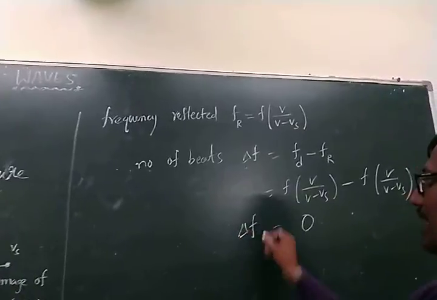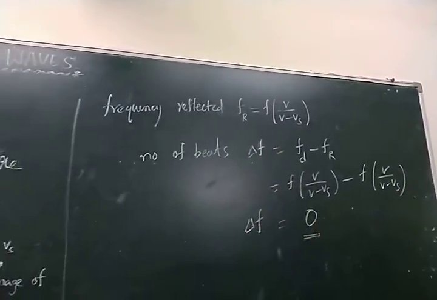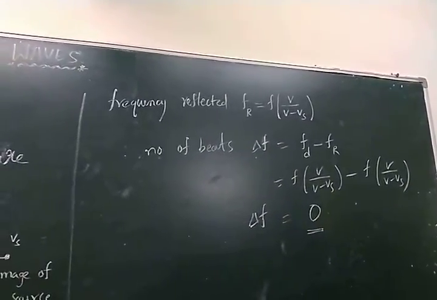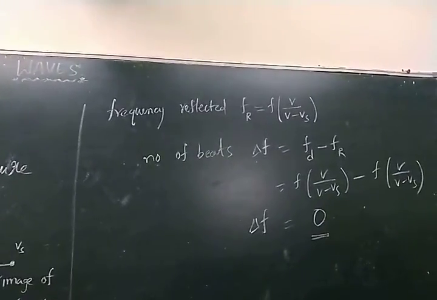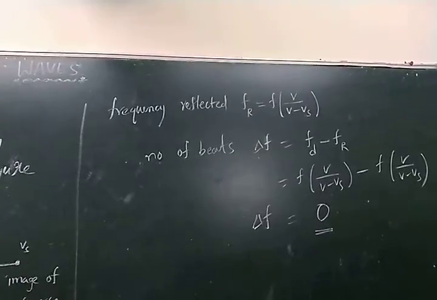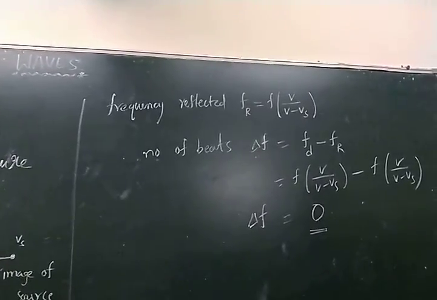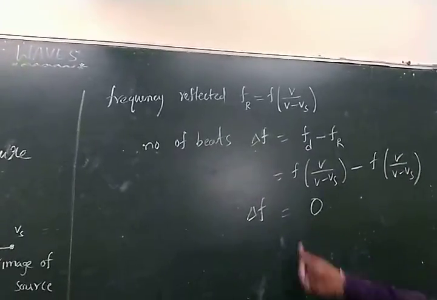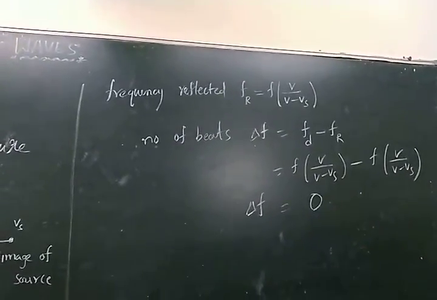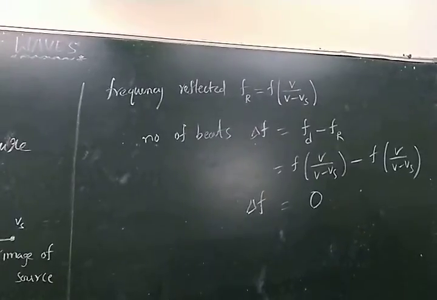That means the number of beats is 0 when the observer stands between the wall and the source. The source and its image both come toward the observer with the same frequency, so the difference is 0 and no beats are produced in this condition.